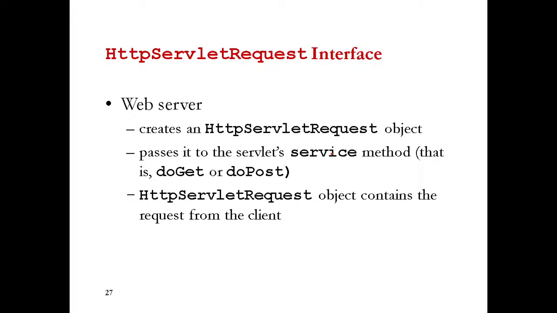The web server creates an HttpServletRequest object and passes it to the servlet service method, that is doGet or doPost, and then the HttpServletRequest object contains the request from the client. These are the three functions the interface does. First, it creates an object, then it passes the information, whether doGet or doPost is being used for servicing, and then it sends the response back to the client.